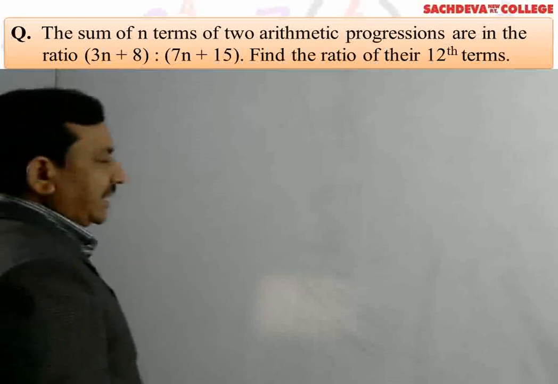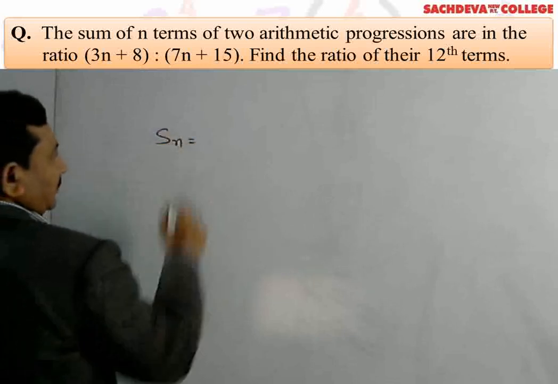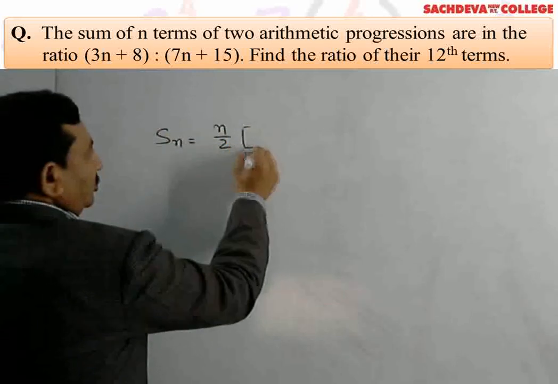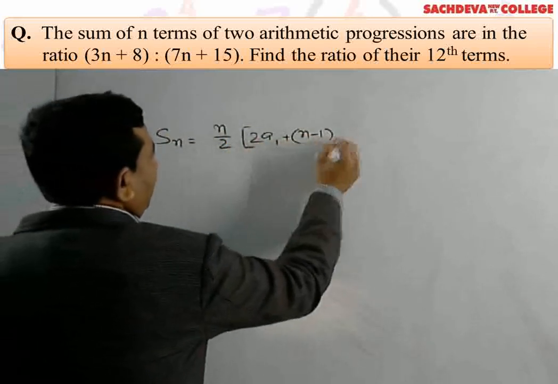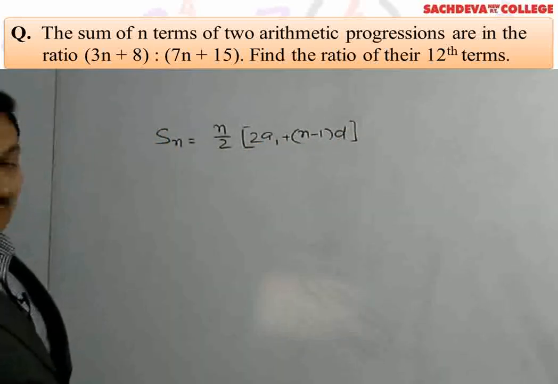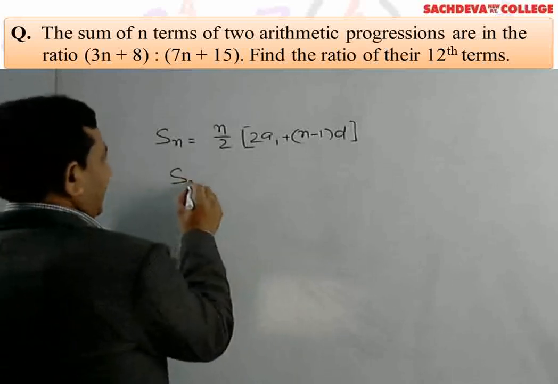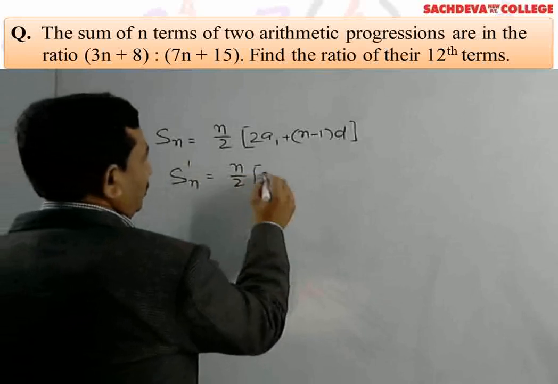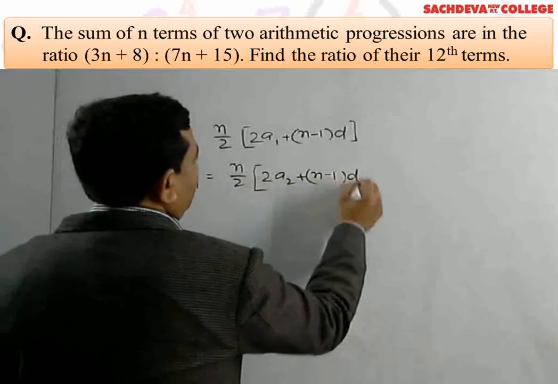Then sum of n terms Sn will be equal to, for first series, n by 2 into 2a1 plus n minus 1 into d1, and sum of n term for second series Sn dash will be equal to n by 2 into 2a2 plus n minus 1 into d2.